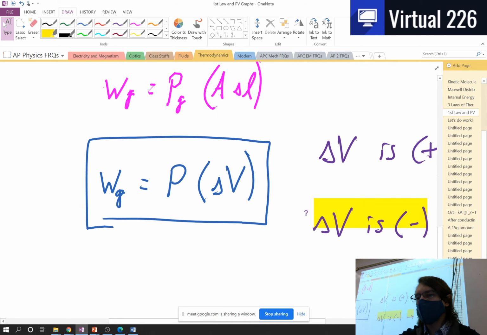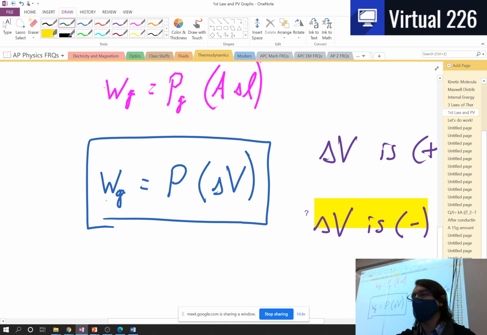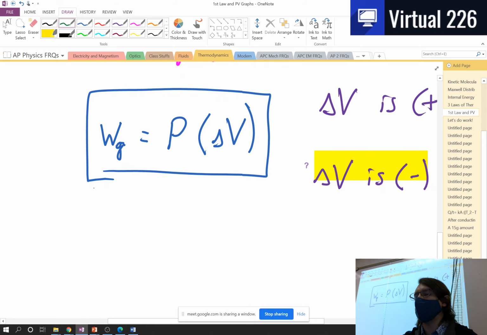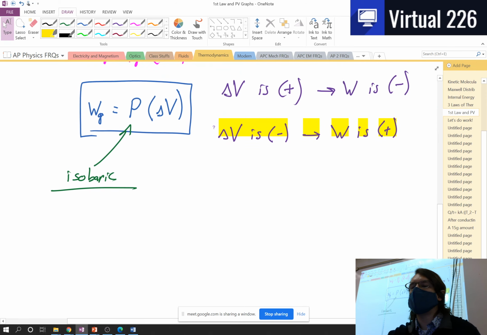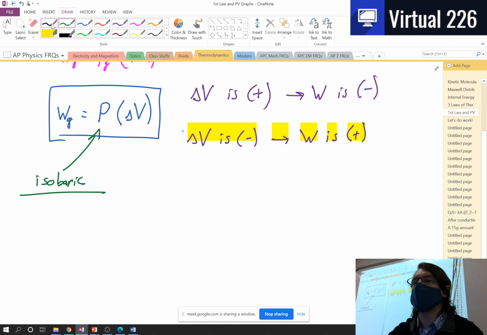Note this equation as well. This equation is actually one of our 4 thermodynamic processes. This equation here is isobaric. The pressure is constant. But it gives us a really interesting idea here. And this is an idea that's going to come up in our next video when we start talking about how to use graphs.